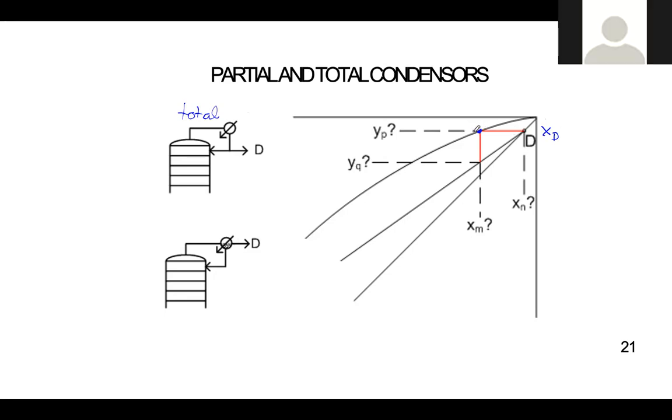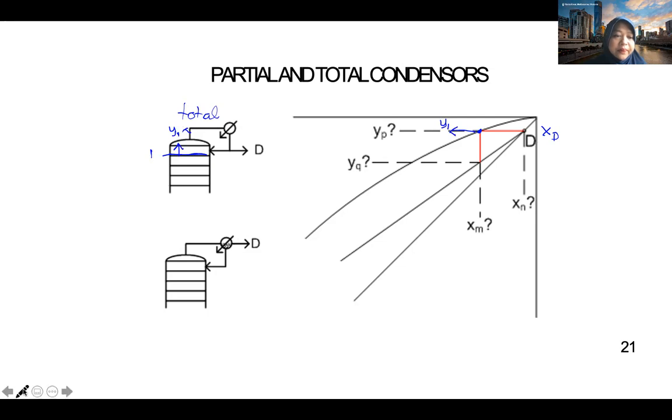So if you read it there, this is going to be your Y1. So this is going to be your tray 1, and this is your Y1, and your Y1 would be the same as XD because it is quite similar. Okay, so that is the total.